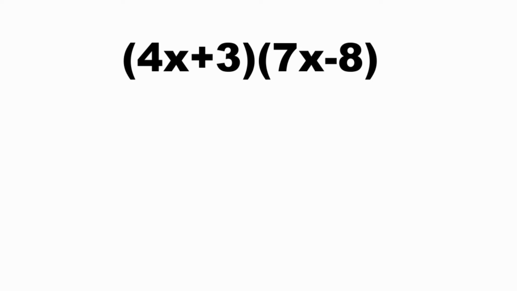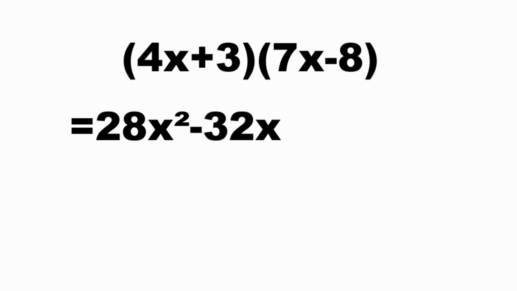Another example: quantity 4x plus 3 times quantity 7x minus 8. So we multiply 4x times 7x is 28x squared, and 4x times negative 8 is negative 32x, or minus 32x.